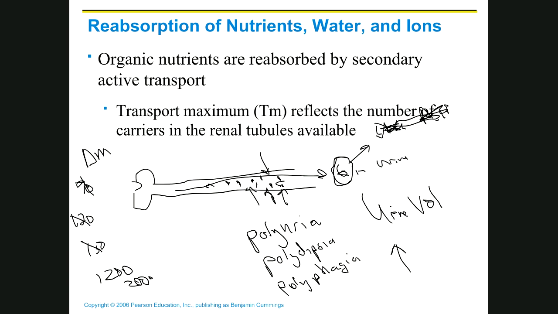So these are those 3 cardinal signs, present in all cases of diabetes mellitus. And it's totally 100% because the glucose is higher than the transport maximum. And so we're going to excrete glucose. Does that make sense to everyone?